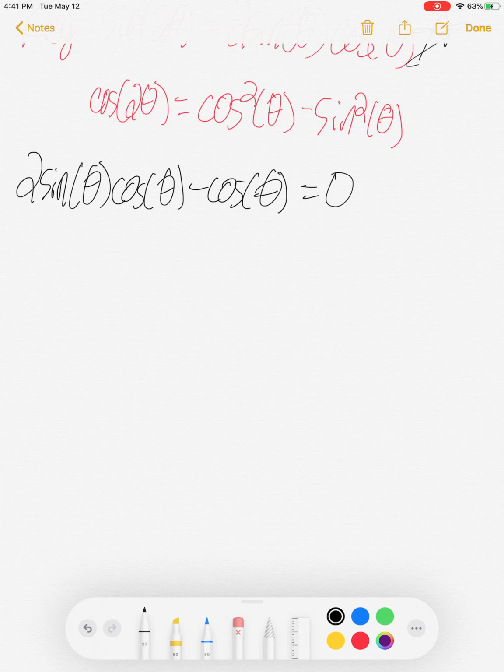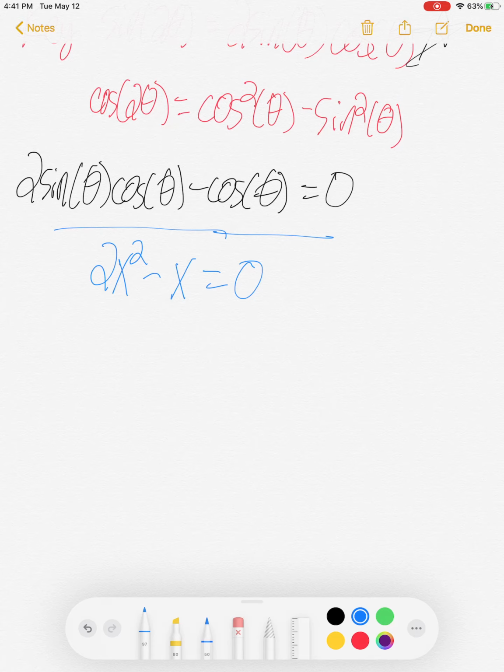Okay, now I'm going to pause for a second and step aside again, because I think this looks a lot scarier than it actually is. If I asked you to solve 2x minus x equals 0, how would you go about doing that? Actually, let me make it 2x squared minus x.